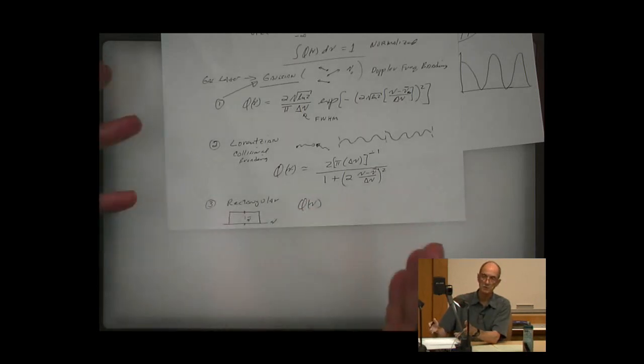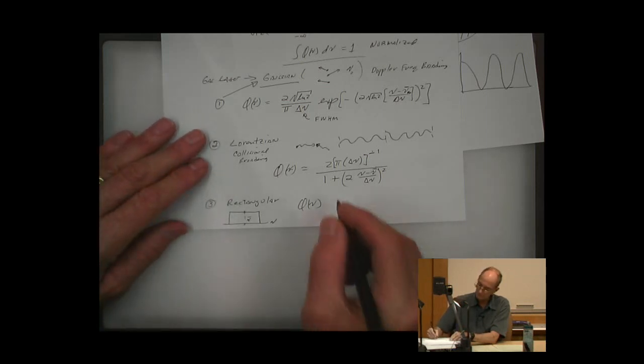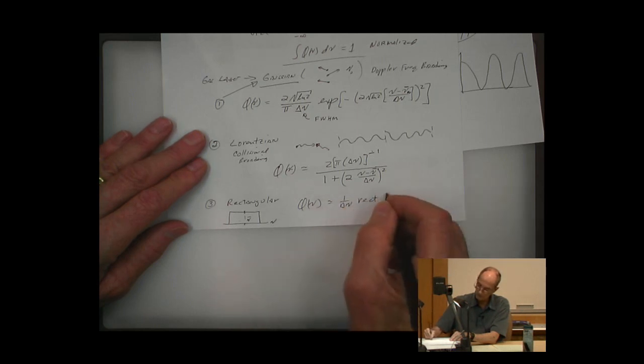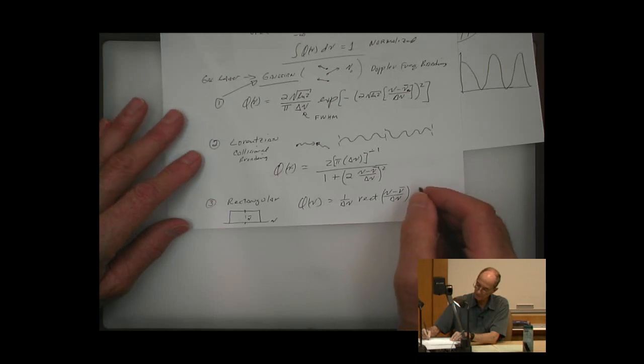Naturally, that's going to have a sinc function or sinc squared function as the Fourier transform. So this is 1 over delta nu rect of nu minus nu bar over delta nu, which is really more of a theoretical frequency spectrum.